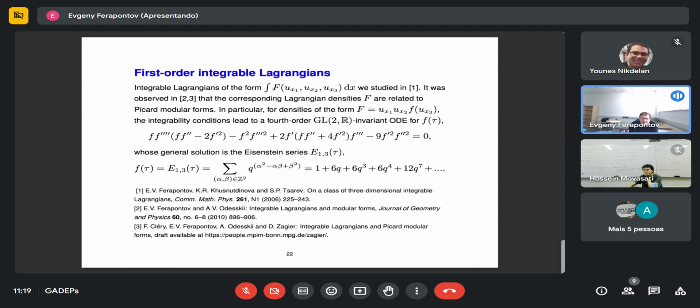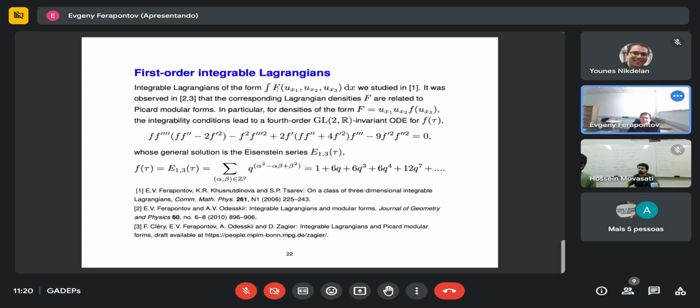Let me skip what this means, it's a separate story. What integrability means in this context, let me skip this, but all these questions can be made precise. In general, integrable means to some extent solvable: you can construct solutions, you can construct a Lax representation, or there are many different properties integrable systems have, and most of these properties are equivalent.